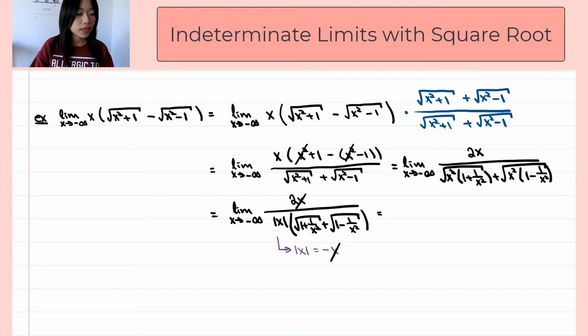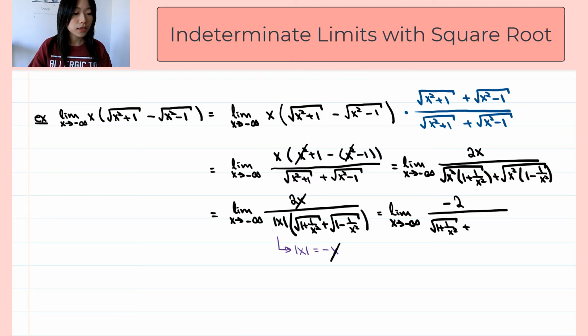So we are left with the limit as x approaches negative infinity of negative 2 over (square root of 1 plus 1 over x squared plus square root of 1 minus 1 over x squared). Then we use direct substitution. If we substitute x in the 1 over x squared, they go to 0. So we are left with negative 2 over 2. So this limit equals negative 1.